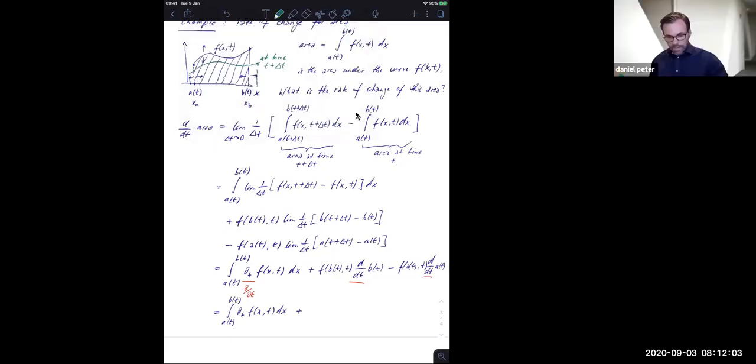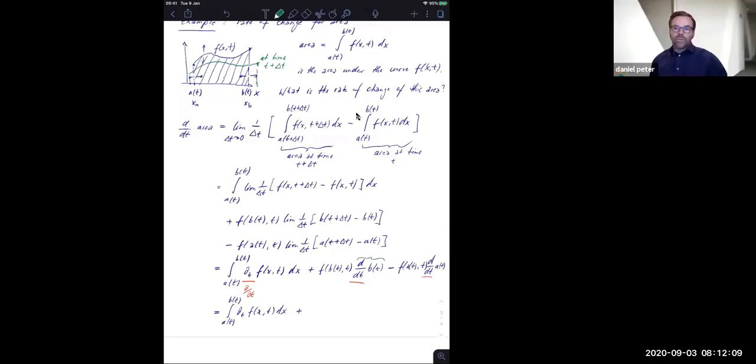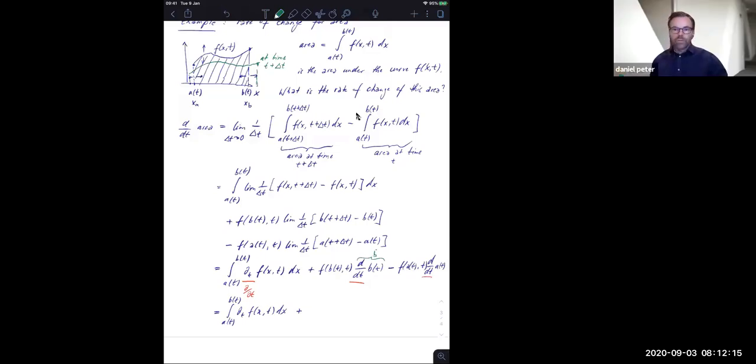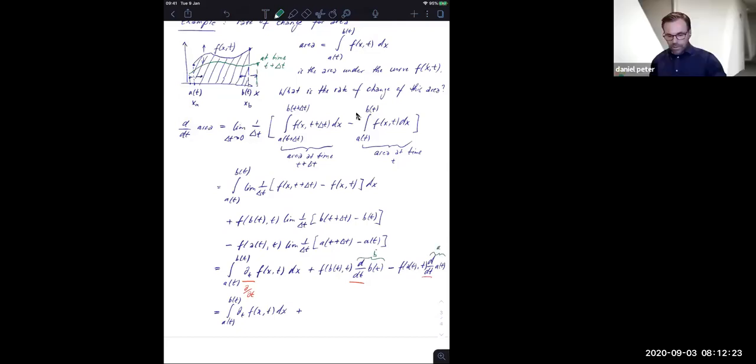This thing here is just the derivative of b. And we can just write it as b with a dot on top as a short notation. The dot above it means it's the derivative of that function.